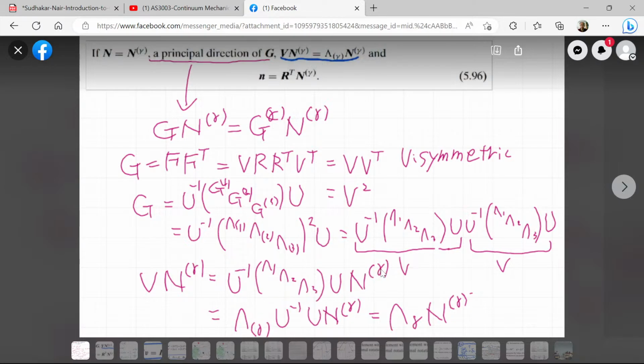If gamma is 2, you will pick lambda 2. If gamma is 3, you pick lambda 3. Then the remaining part is u inverse times u times n. I think this is correct.